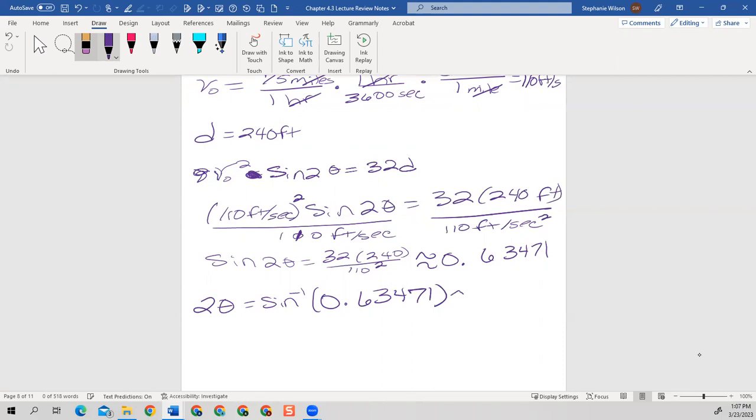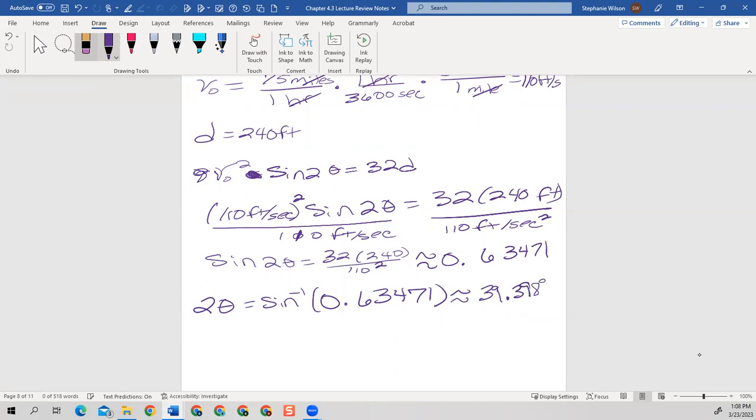And then I'm going to get an approximation, and we are working in degrees. So make sure your calculator is in degrees mode. All right, now let's take our sine inverse of that 0.63471 and round to the nearest thousandths, which is 3 decimal places. And this is what I got.